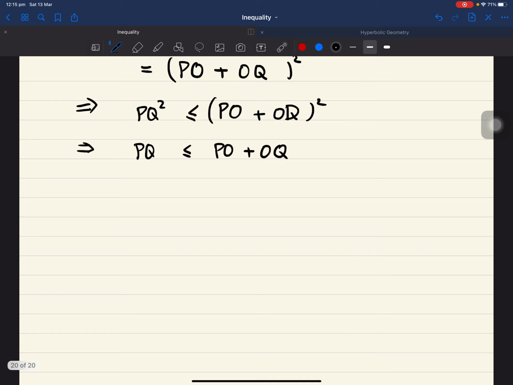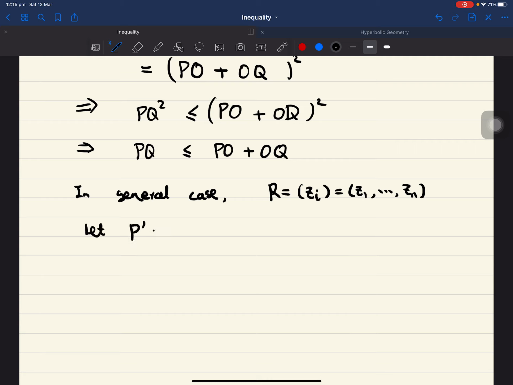Now let's consider the general case. In the general case, R is equal to some arbitrary point zeta, where zeta1 all the way to zeta n, and let P dash equal to xi minus zeta i, and Q dash equal to yi minus zeta i.